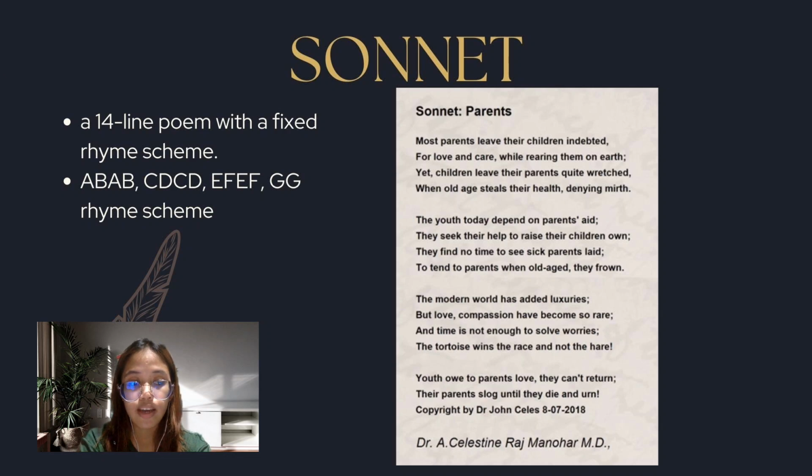So aid and laid are C. Then the second line's last word, own, rhymes with the fourth line's last word, grown. So those words are letter D. Therefore, the second stanza has the rhyme scheme of C D C D.